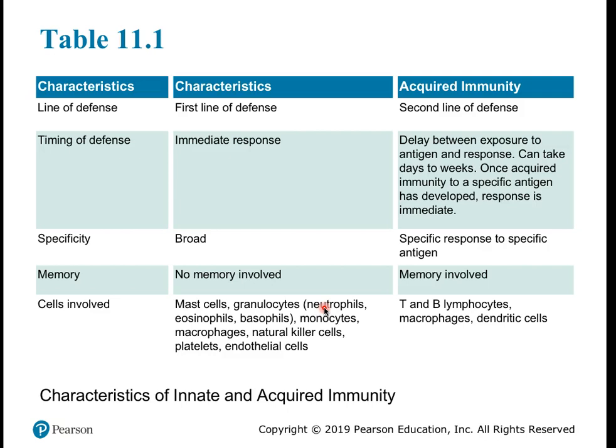The way that they are able to go from circulation into the tissues to do phagocytosis is because mast cells in the area are triggered to release a very active chemical called histamine. And histamine, we'll talk about that in a couple of slides. Over here, the cells that are mainly involved in acquired immunity are your lymphocytes, your B and T lymphocytes.